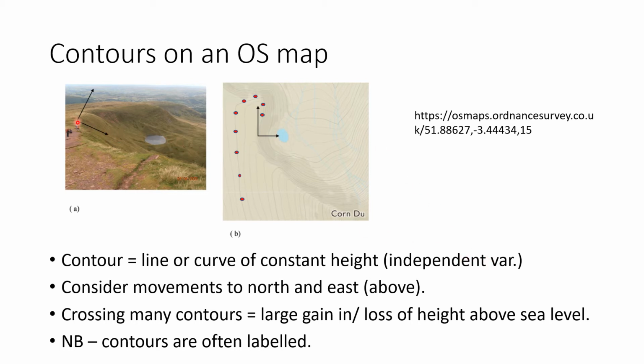Now if I start at the origin and move north, I'm not climbing very much. So moving north, I don't cross many contours. The land is not steep, I have a shallow gradient. On the other hand, if I move east, I'm going down this very steep decline, almost a cliff. So I'm crossing contours very quickly.